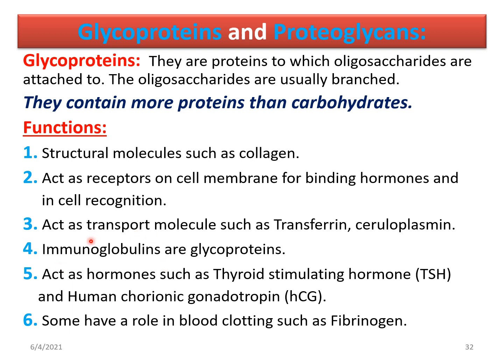They may also serve as hormones, for example, thyroid stimulating hormone, human chorionic gonadotropin, follicle stimulating hormone, and luteinizing hormone, all of which are glycoproteins. Glycoproteins also have a role in the coagulation process, for example, fibrinogen. All these are functions of glycoproteins.